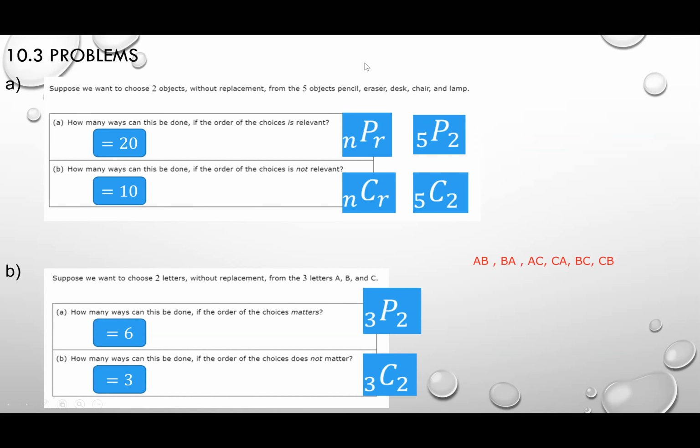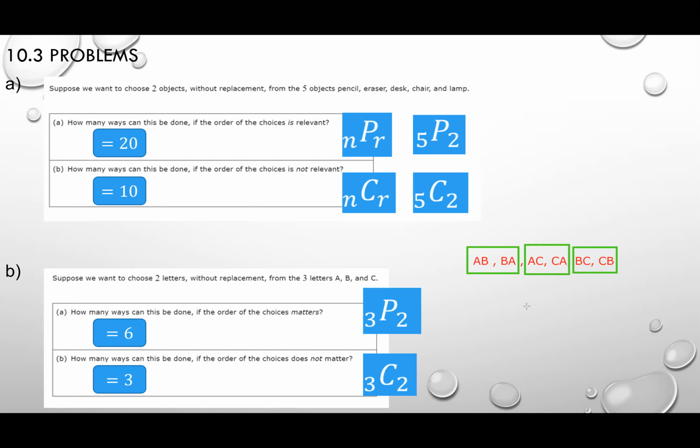Well, if the order doesn't matter, A and B is only one object. Whether A comes first or B comes first, it's just A and B. Those are my items. A and C, that is my item. It doesn't matter who comes first. And lastly, B and C or C and B, those are my items. As you can see, those are my individual 3 items.